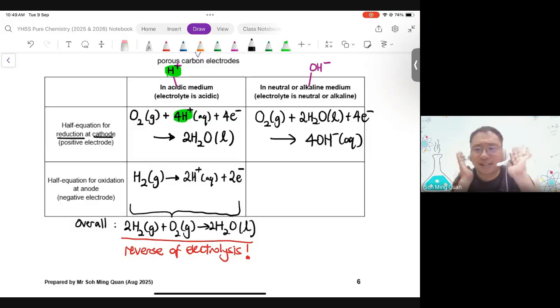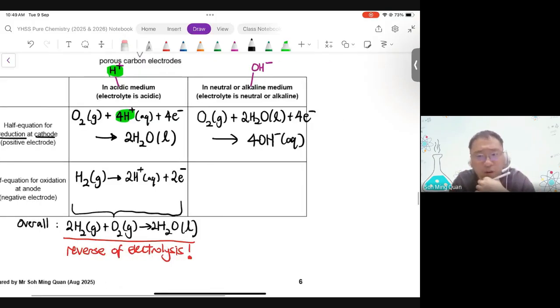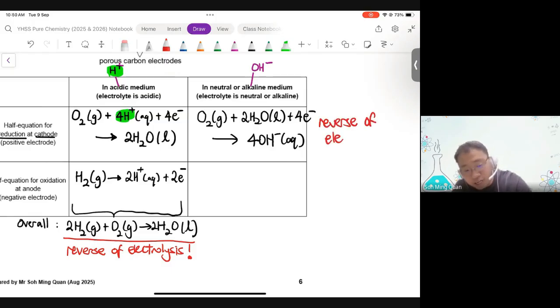Again, this is like same but different, right? Didn't we memorize this before? We memorized 4OH minus become O2 plus 2H2O plus 4e, right? Why is this the reverse? It's the reverse of electrolysis.